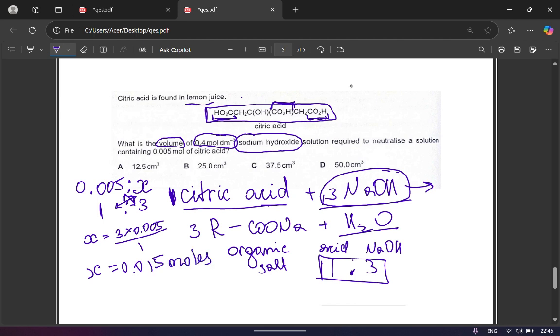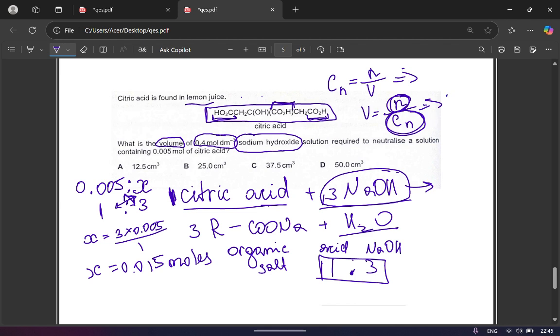Now we can just use the formula for concentration here, rearrange it to make volume the subject, and we'll have number of moles divided by concentration. So now, since we have both the number of moles and the concentration here, we can just plug the values in and find volume.